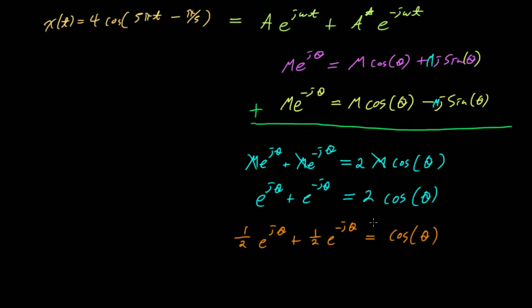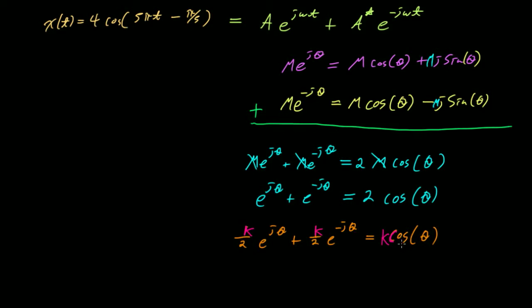And now the very last thing is to put the amplitude of the cosine back in. Let me not write m, I'm going to write it as k, the amplitude of my cosine, which is k cosine theta. So now I just have to multiply each of these terms by k. So I get k over 2 e to the j theta plus k over 2 e to the minus j theta.